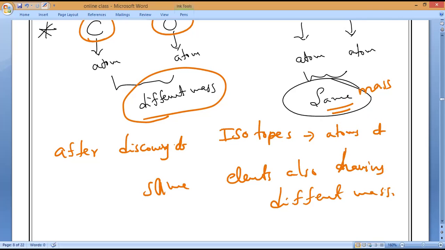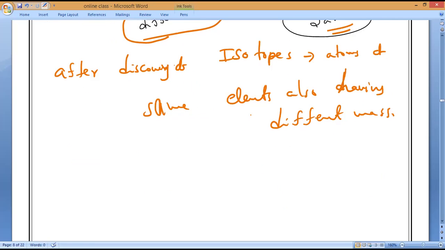Sir, how, sir? For example, let us take chlorine atom. Chlorine is basically present in two forms. That is what I will call isotopes. Isotopes means same number of protons but different number of neutrons. That is only called isotopes, which we'll study in the fourth chapter.